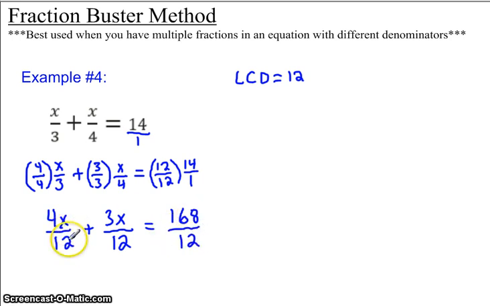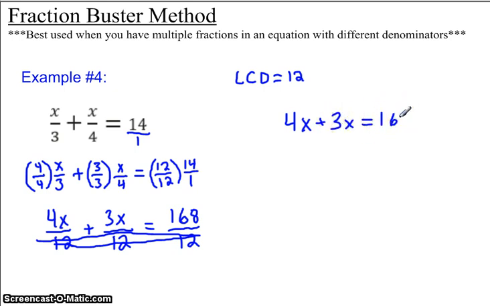If you have an equation and everything is divided by 12, just cross the bottom out. So what we're left with is 4x plus 3x is equal to 168. And this is easy to solve.